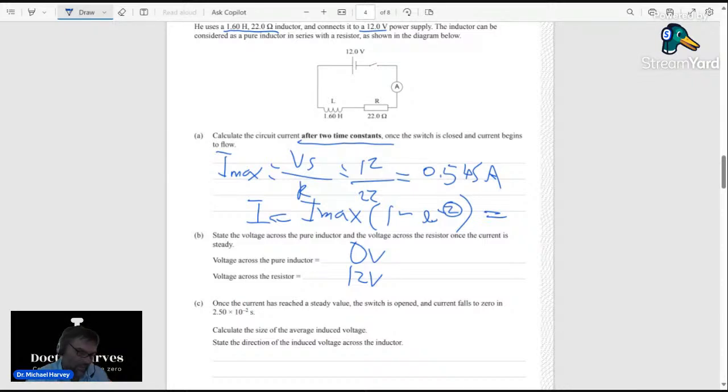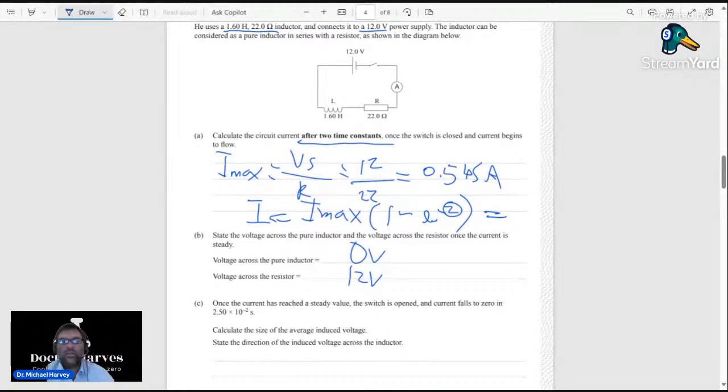But I wouldn't give that. I would say that's what's lost. I would say they've stuffed up. That's the current that has been lost. So it's 0.545 minus 0.471. Doesn't even make sense. 0.55 times 0.37 is 0.37.